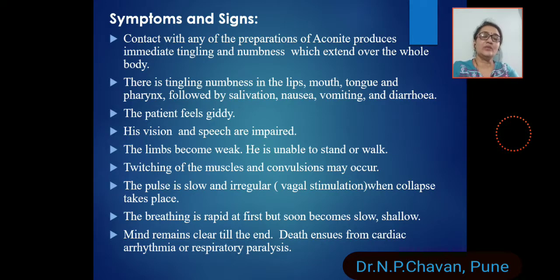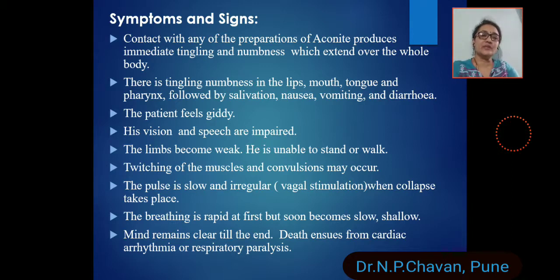So see how the symptoms start with an initial stimulation and then slowly there is depression of the organs. Initially the person feels giddy, nauseated, vomiting, with tingling numbness extending all over the body, which may end in convulsive movements.